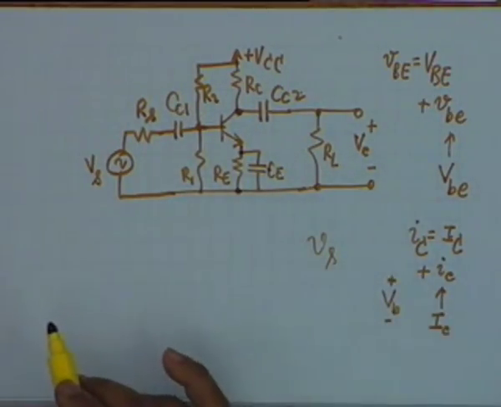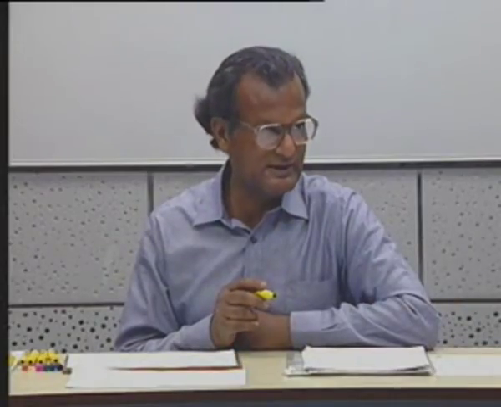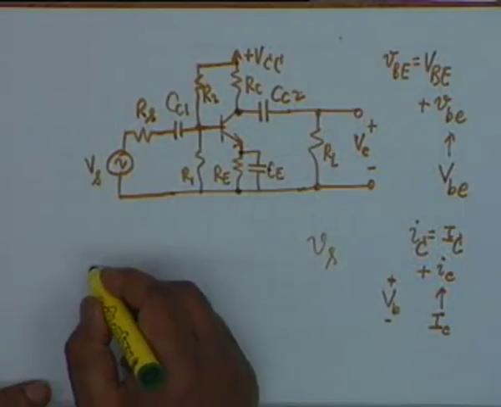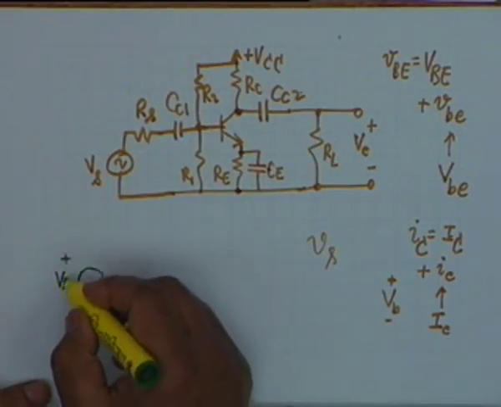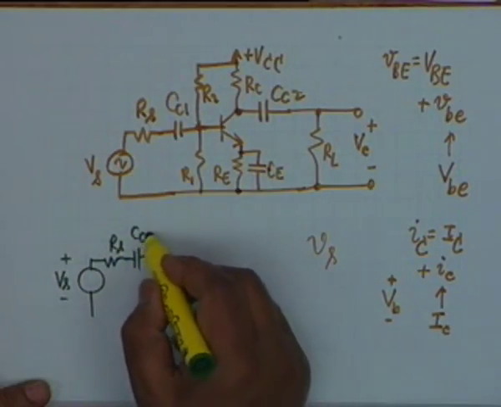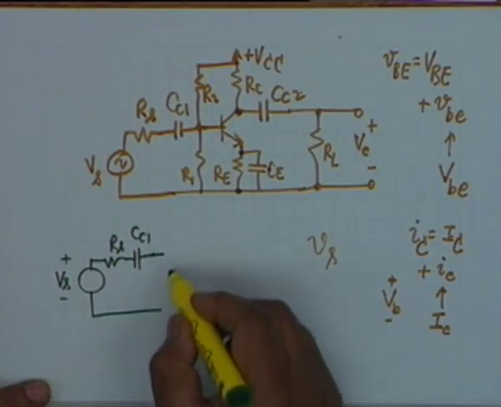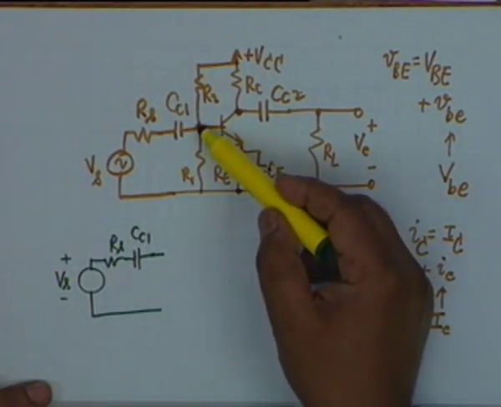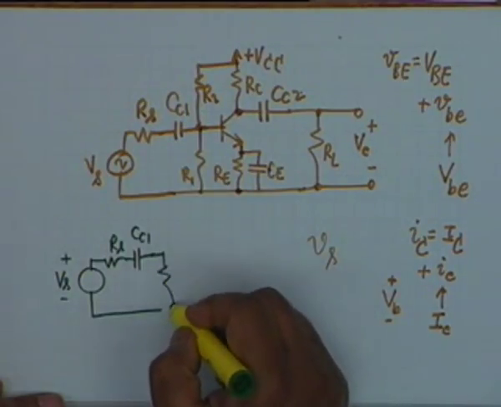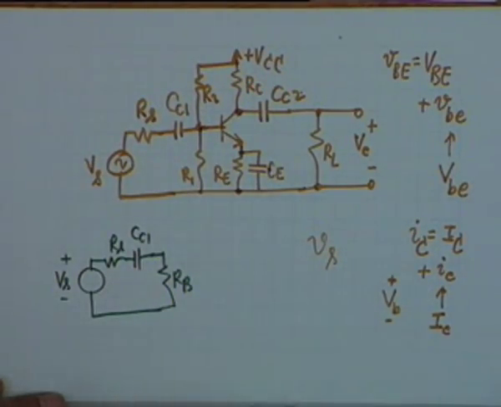Now if I follow the hybrid pi model strictly, then my AC incremental equivalent circuit would be like this, and try to draw with me. What we have is, we are representing every quantity by means of its RMS value. So Vs, then an Rs, then a CC1, the coupling capacitor, and then as far as AC is concerned, from this point to ground, R1 and R2 come in parallel, and we have chosen to call R1 parallel R2 as capital R subscript capital B, RB.